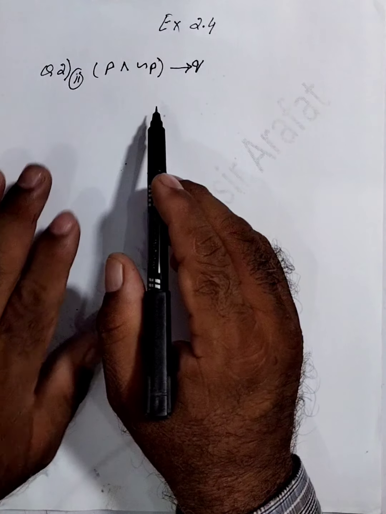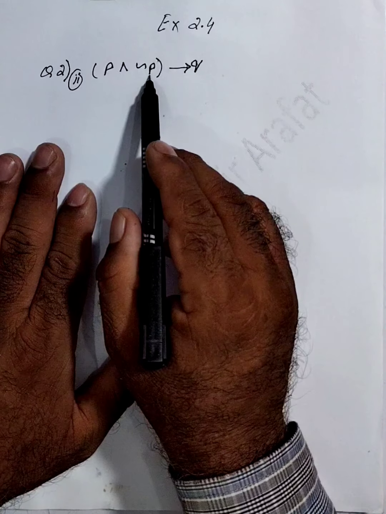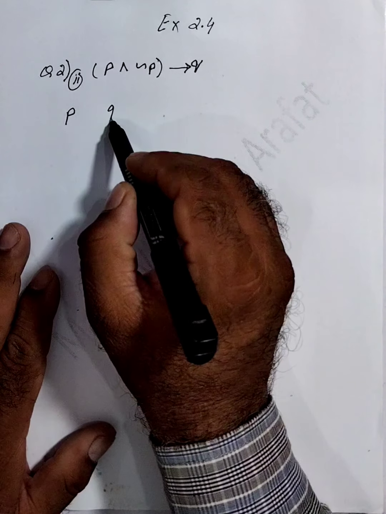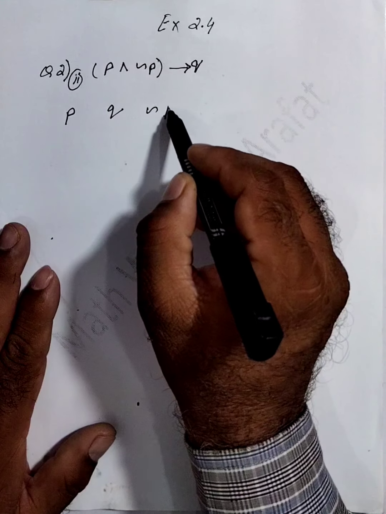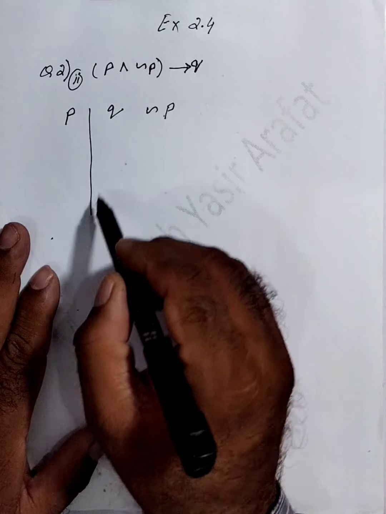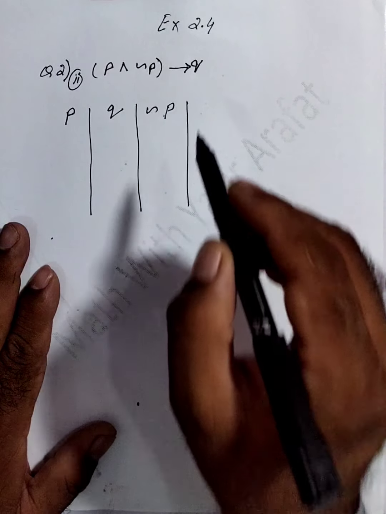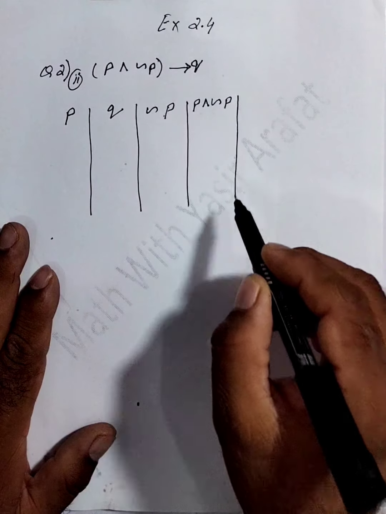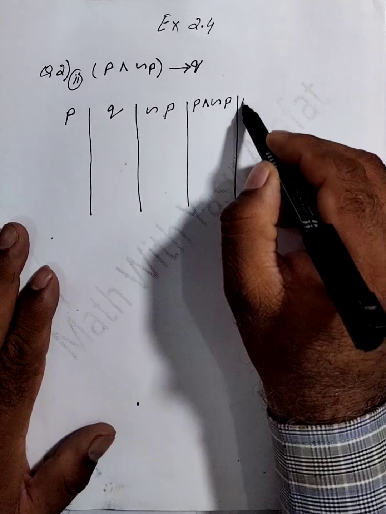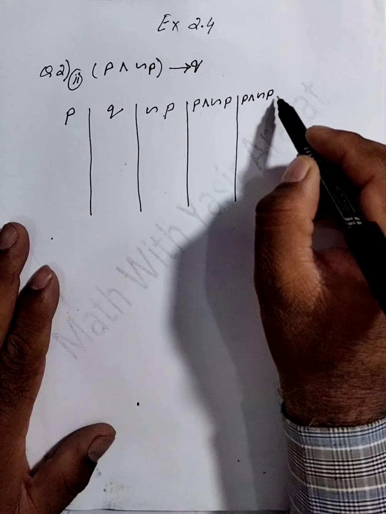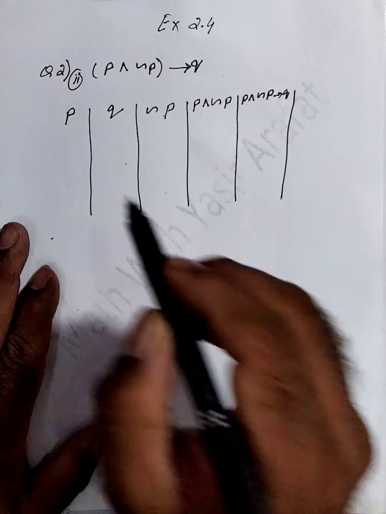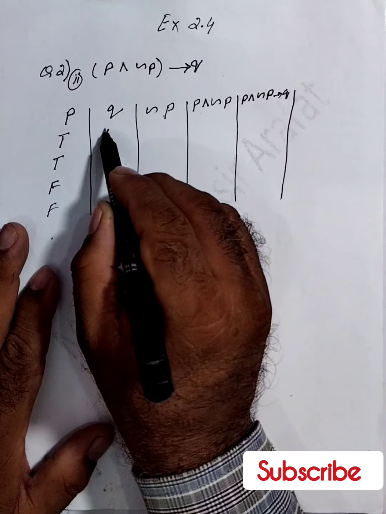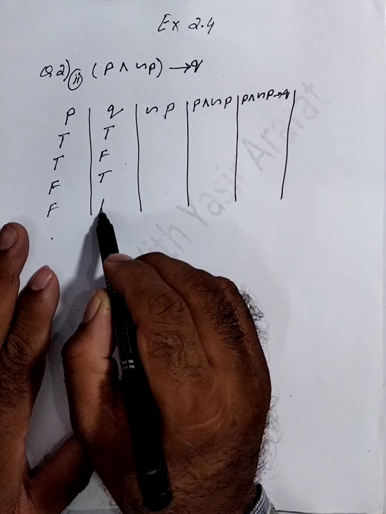Here we have to construct the truth table of P and negation P, then Q. So here the first statement will be P, the other one will be Q, and then negation P, and then the question, that is P and negation P then Q. So here this is true, true, false, false, true, false, true, false.